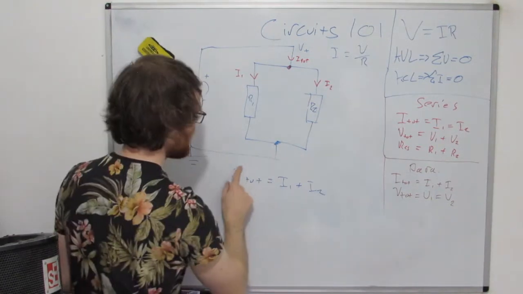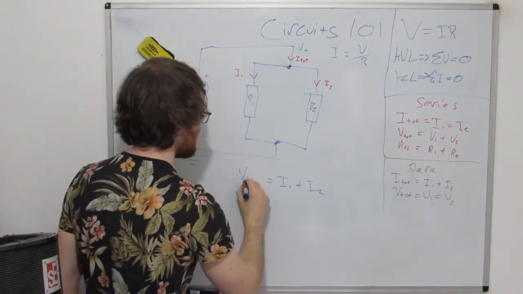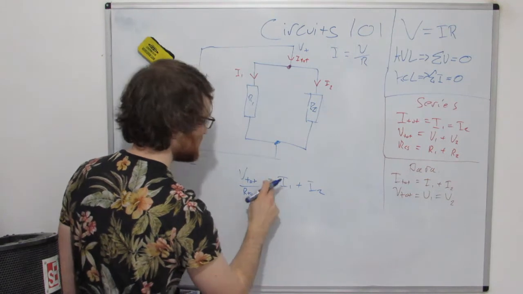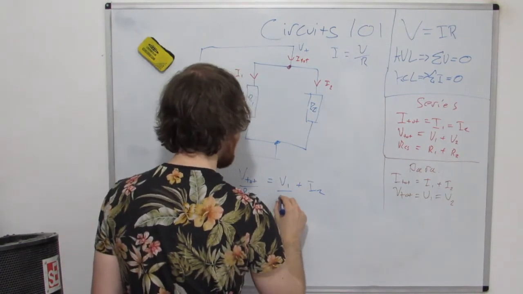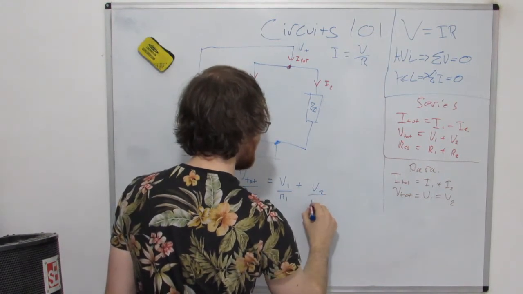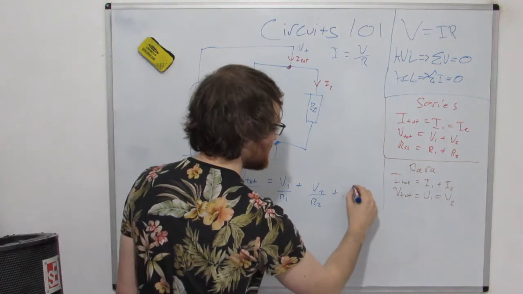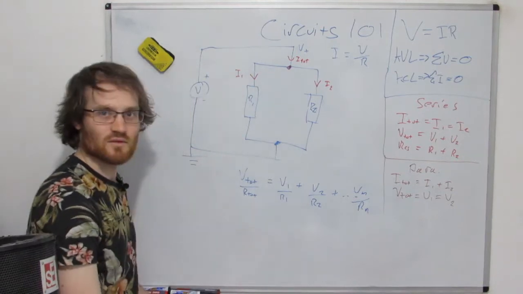So we can take this, that's going to be V total over R total equals V1 over R1 plus V2 over R2, and if there were more it would be plus Vn over Rn for as many as you have.